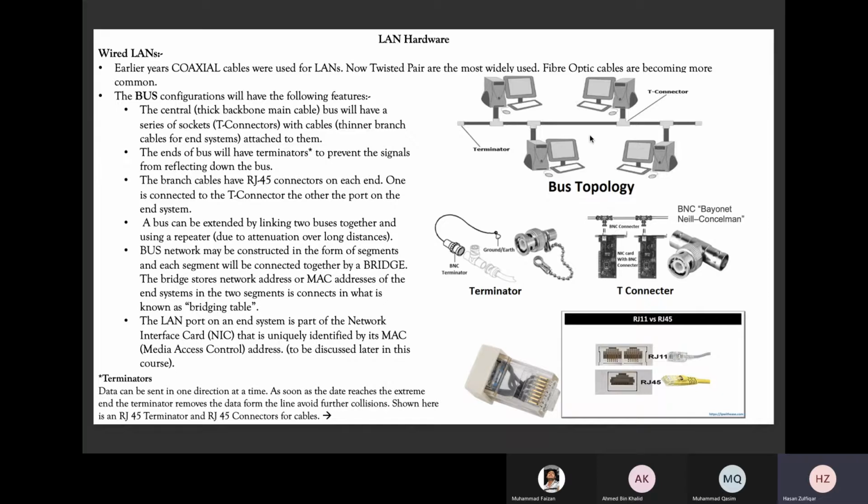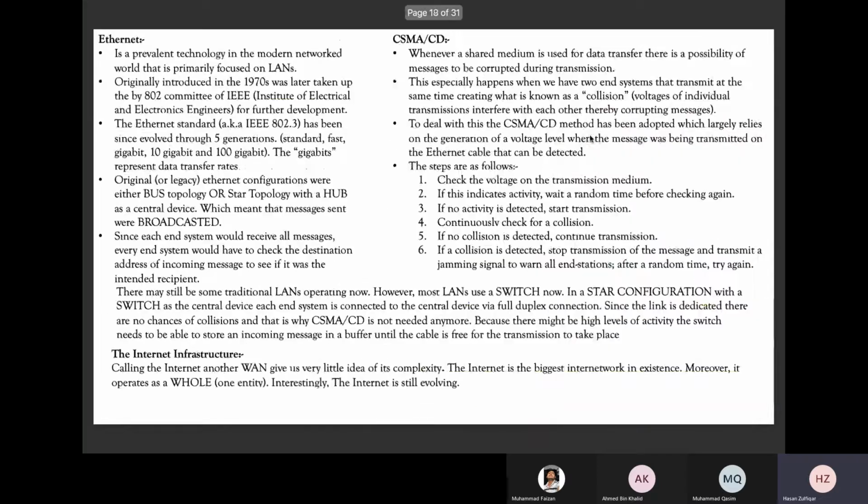This technique was used to avoid any chances of collision, and if a collision did occur, there were steps to handle that as well, with minimal loss of any data. Now let's look at these steps in detail.